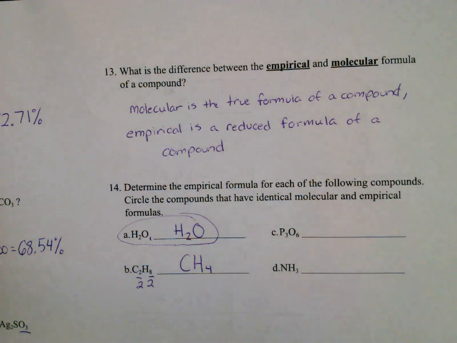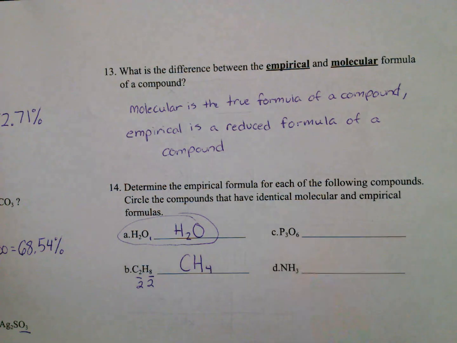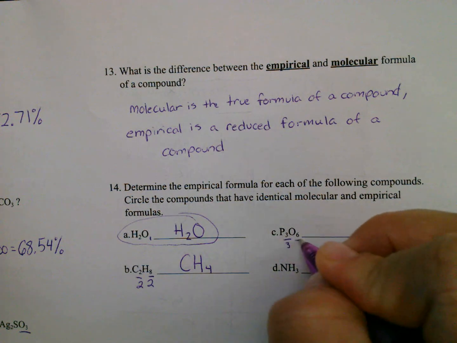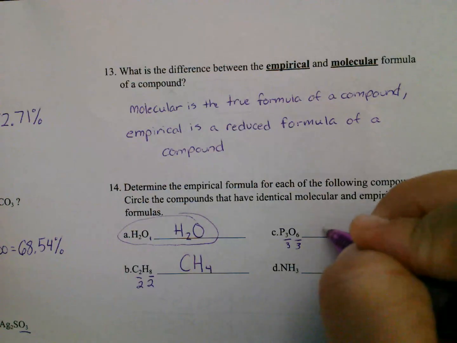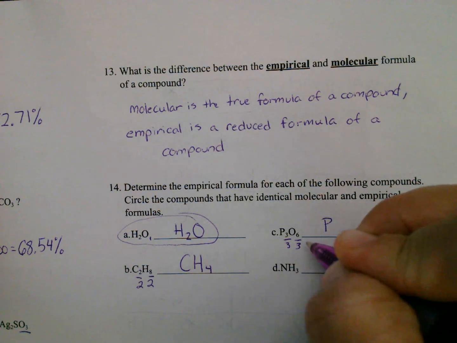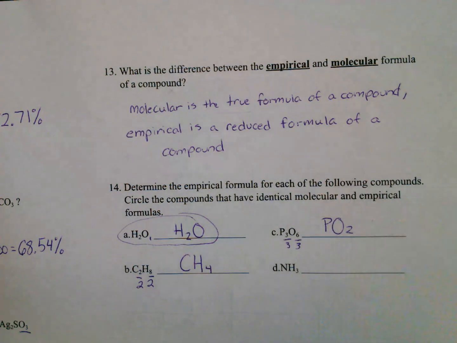So hydrogen will have a 4. Going to C, we have P3O6. Both of these numbers can be divided by 3. So P would have a 1, but we don't write 1s in chemistry. And O6 divided by 3 is 2, so it's O2.